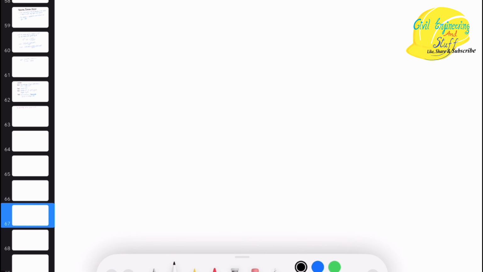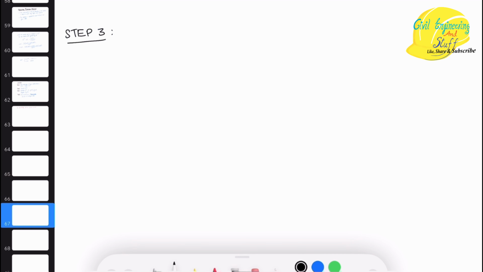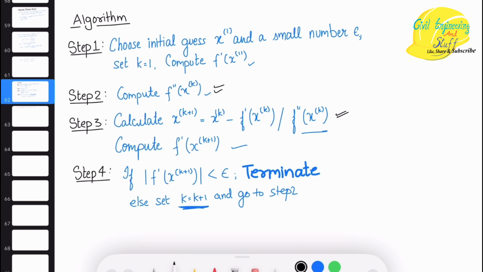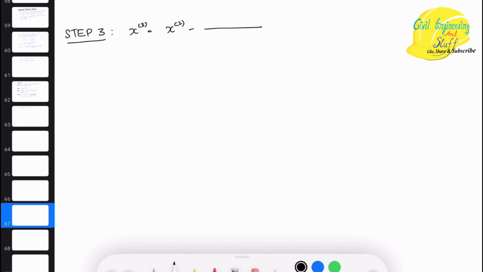Now we'll do step 3. In this step 3, basically we have to find out the new point. Right, so our x k plus 1, that is 2 plus 1, 3, will be equal to x2 minus the first derivative of function f of x2 and the second derivative of function x2.